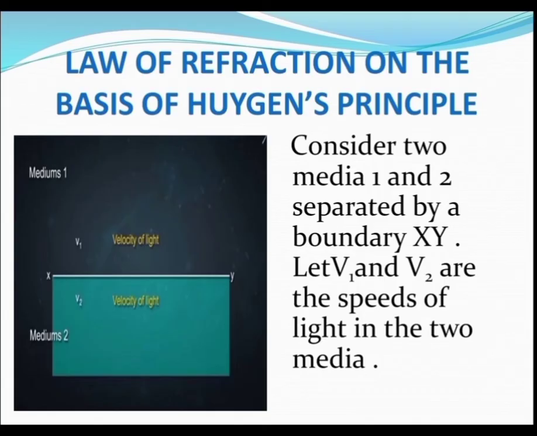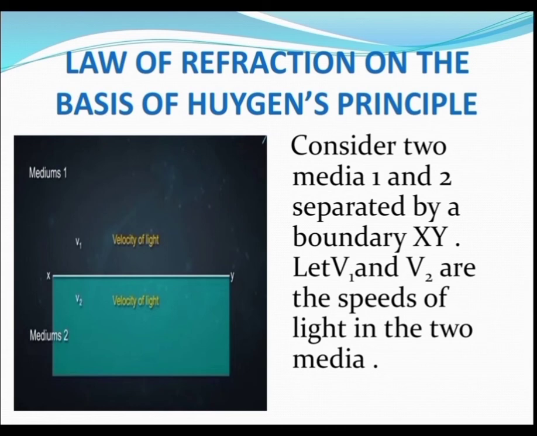Law of refraction on the basis of Huygens principle. In the diagram, we are seeing two media, medium 1 and medium 2. Medium 1 is a rarer medium and medium 2 is a denser medium. Let v1 be the speed of light in medium 1 and v2 the speed of light in medium 2.